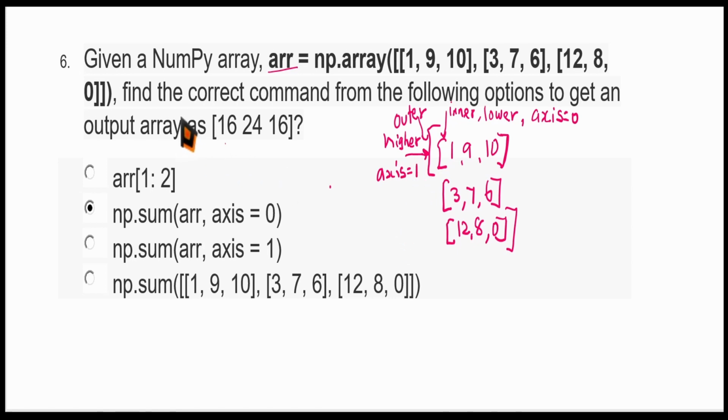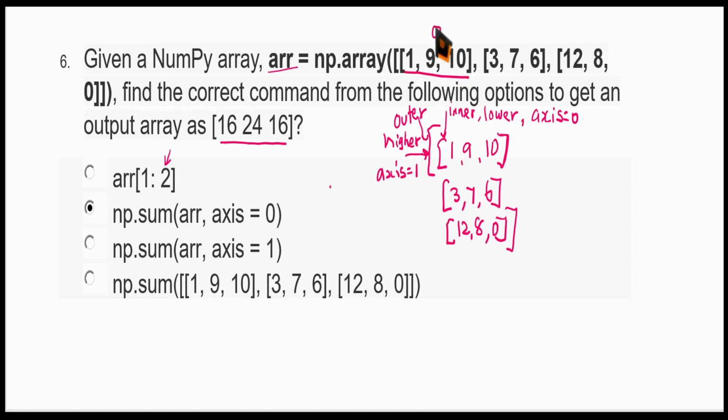Now, what they are asking is to find the correct command from the following options. These are the options to get an output array as 16, 24, 16. If you take this first option, it is array 1 colon 2. That means you have to take 1 to 2 elements. Anyway, we will not include 2, we will take only 1. You identify the indexes.